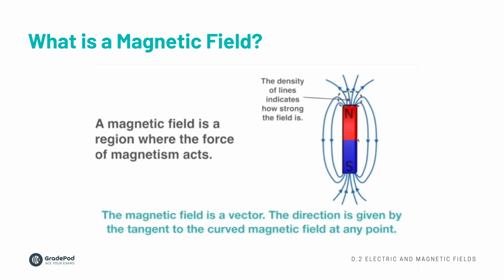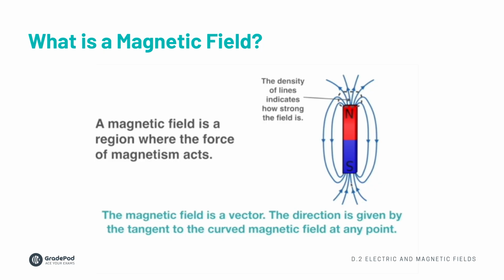If we look at this bar magnet here, we can see that there's a north side of the bar magnet and a south side of the bar magnet. And there are invisible field lines that loop around from the north, pointing towards the south.